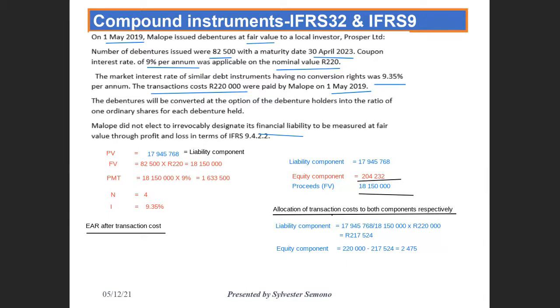Let's use the calculator, guys. So 17,945,768 minus 217,524. So guys, I find something like 17,728,244. Can you see? So this is what I found as my present value.